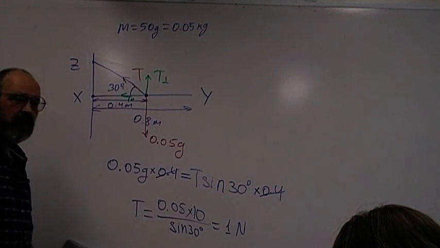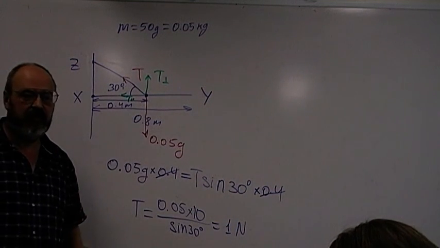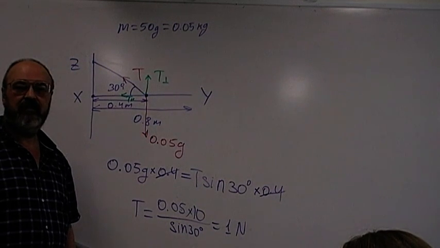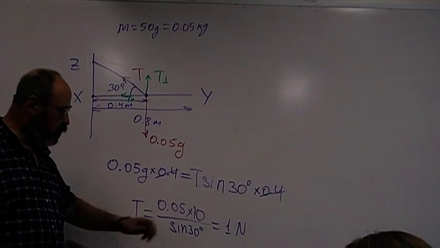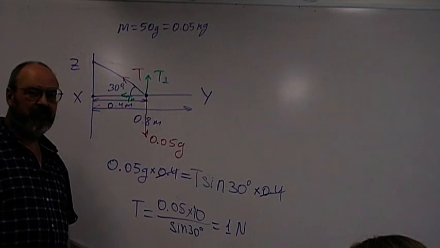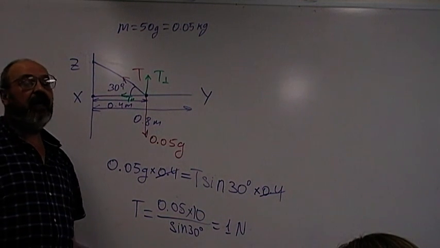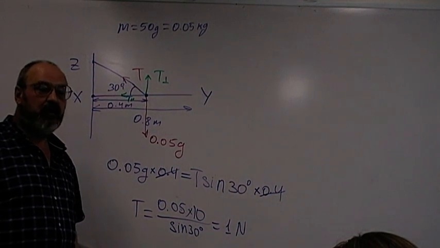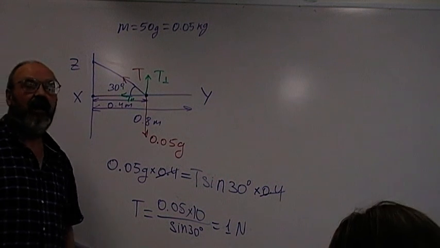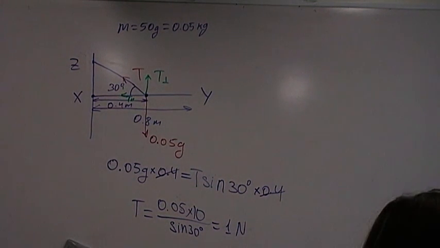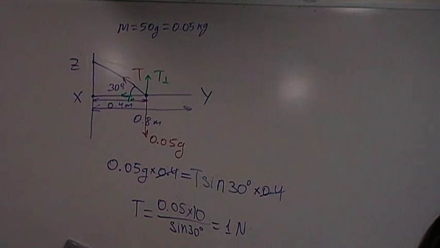You can check my calculation using a calculator. Yeah, that's right. Okay, that's all the explanations. Exact values: sine 30 is a half, or 0.5.